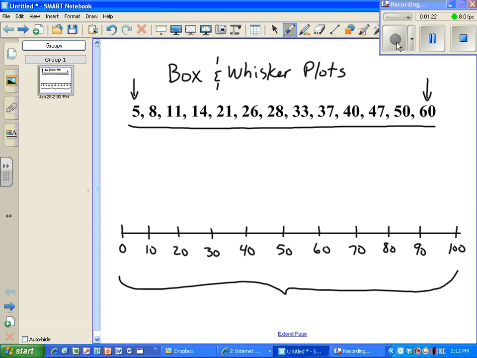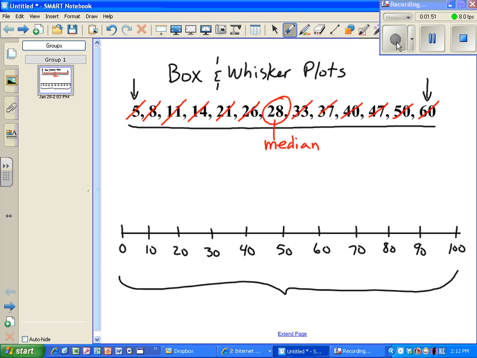To find that, it's fairly easy. We just cross off the lowest and the highest numbers until we work our way down to one thing left. So we'll cross off 5, 60, then 8, 50, 11, 47, 14, 40, and so on. Keep working our way down, so hopefully there's just one number left in the middle, and we call that the median.